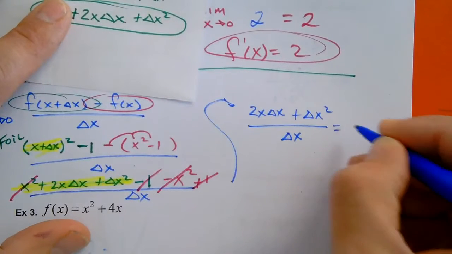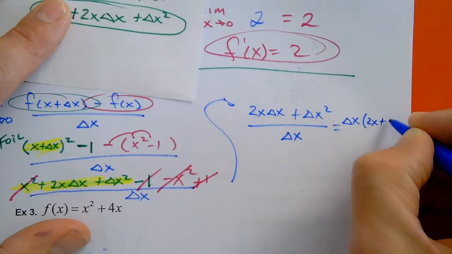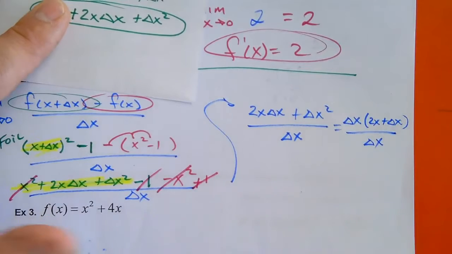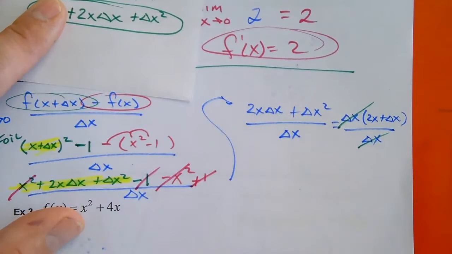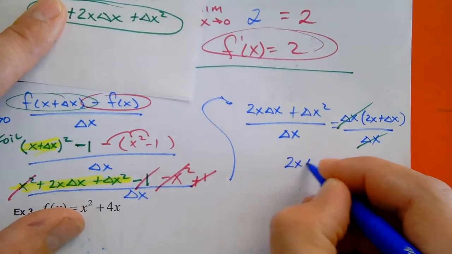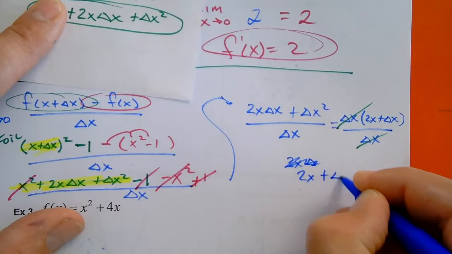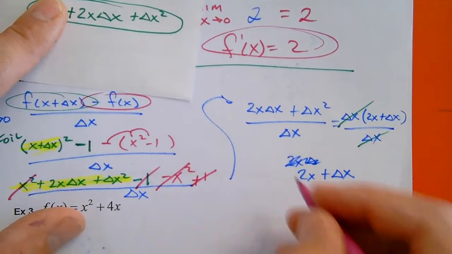I'll do the first one where I factored out first. So you get 2x plus delta x. And now these delta x's in front, these monomials are canceling. And what I have now is, oh, I have 2x plus delta x, excuse me. And now I've gotten rid of that denominator.